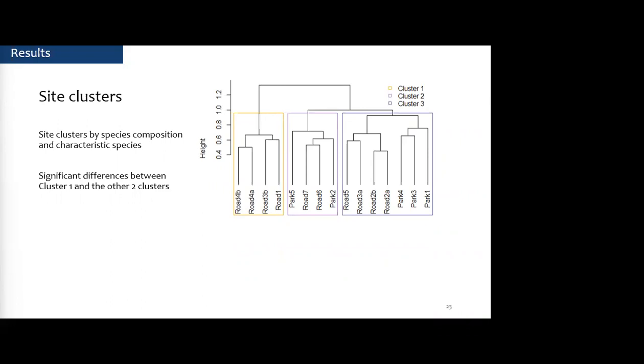And then I used PERMANOVA on these clusters to also test if these were significantly different groupings. What I found from the cluster analysis is that this first cluster was significantly different from the other 2, but then clusters 2 and 3 were not significantly different from each other. So essentially I had 2 site clusters by species composition.